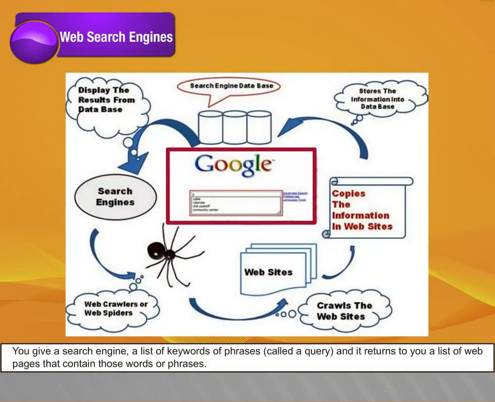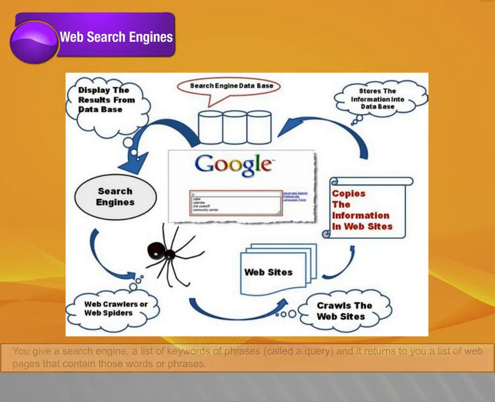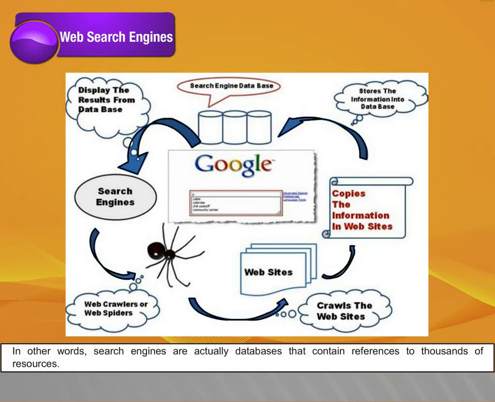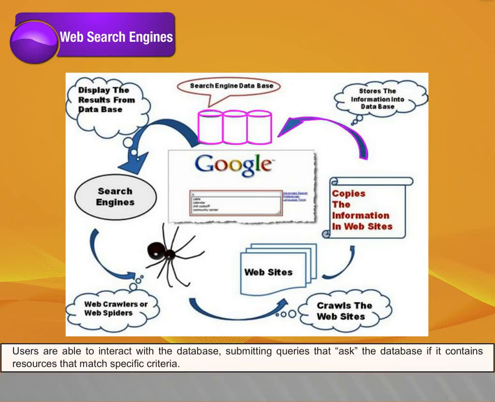You give a search engine a list of keywords or phrases called a query, and it returns a list of web pages that contain those words or phrases. In other words, search engines are actually databases that contain references to thousands of resources. Users are able to interact with the database, submitting queries that ask the database if it contains resources that match specific criteria.